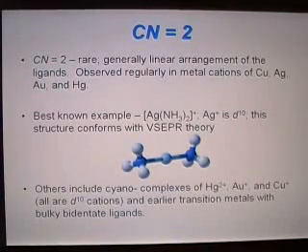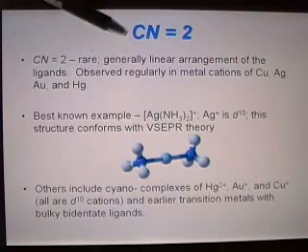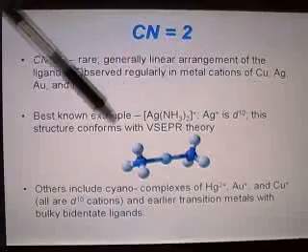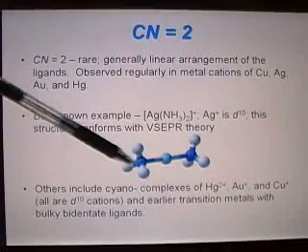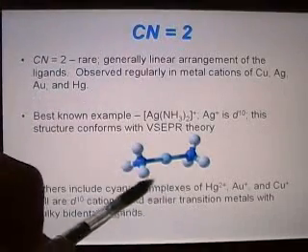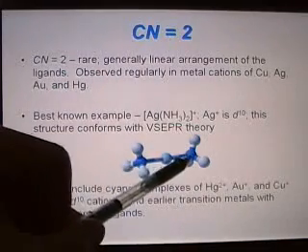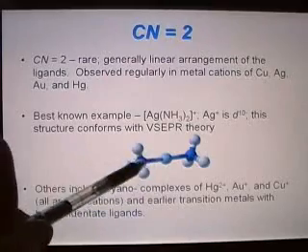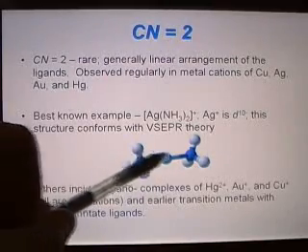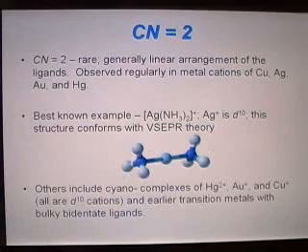The best known example of a compound or ion with a coordination number equal to 2 is diamine silver 1. So that's shown right here. Here's the silver 1+ cation, and it forms a coordinate covalent bond with each amine ligand, and it's almost perfectly linear.